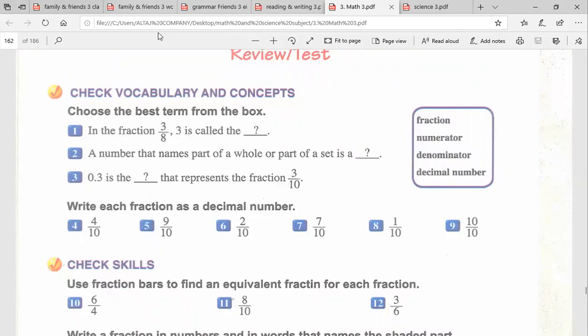So we have 4/10. So it will be what? It's equal to 0.4. Question 5. 9/10. It will be 0.9.